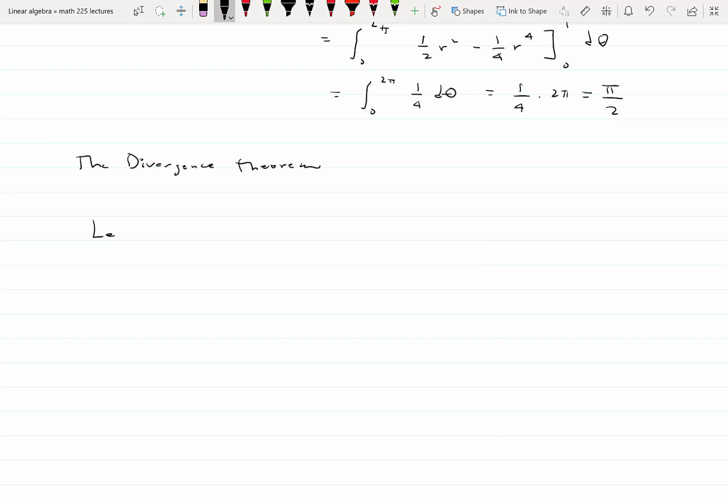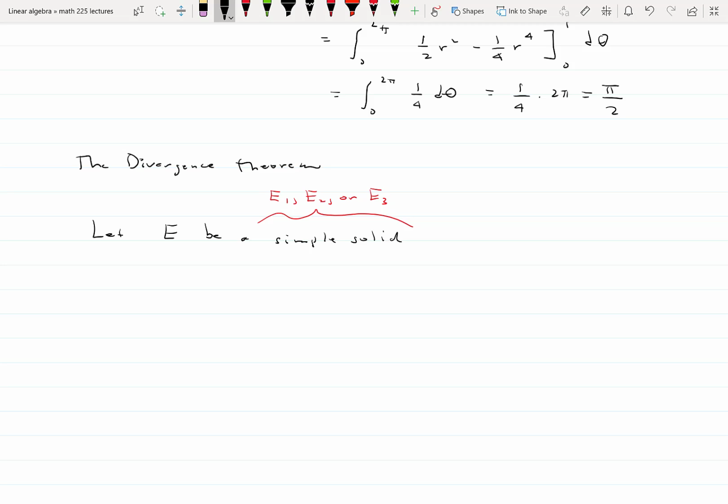So let E be a simple solid. And a simple solid is not mysterious. A simple solid means type E1, E2, or E3.